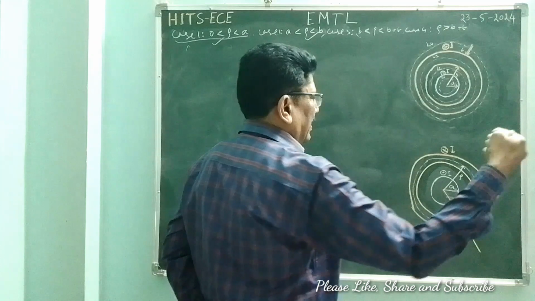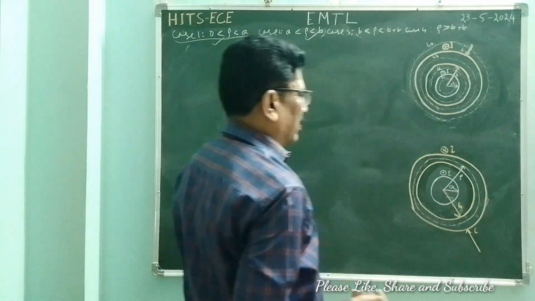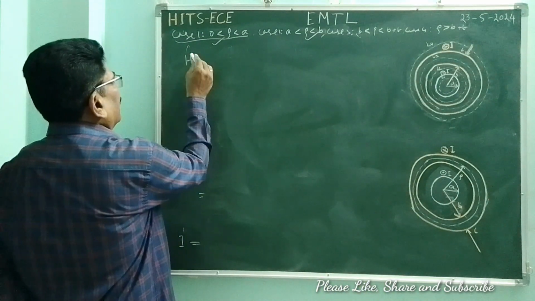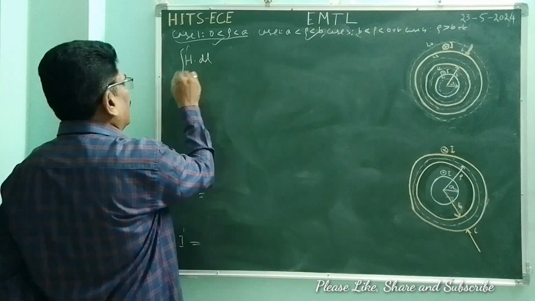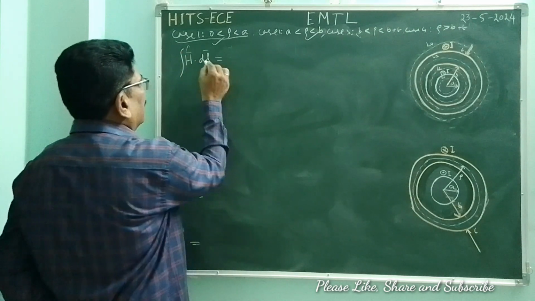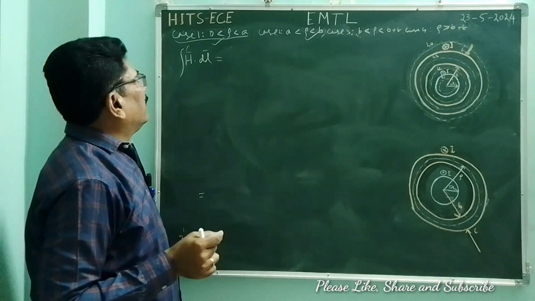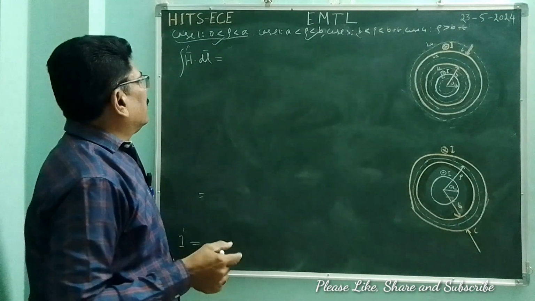For the outer conductor, current is entering into the board. For the inner conductor, current is moving out of the board, that is leaving the board like this. So this is Ampere's circuit law, H dot dl is equal to the current enclosed. dl is the differential length of the Amperian path.